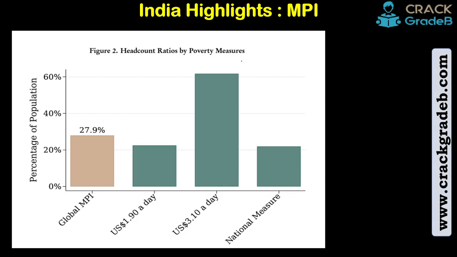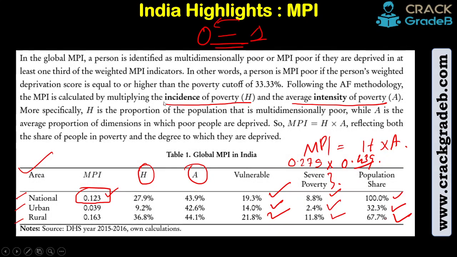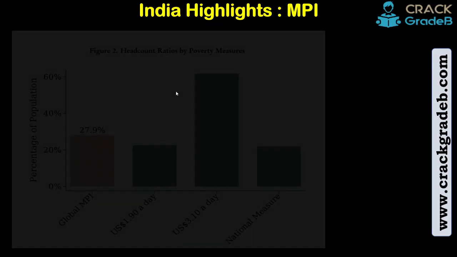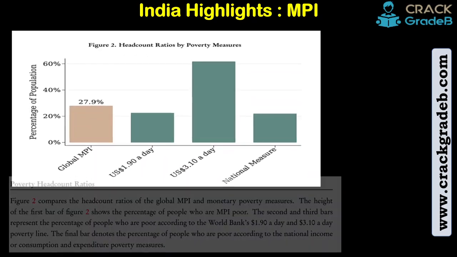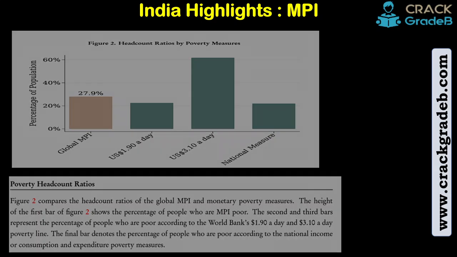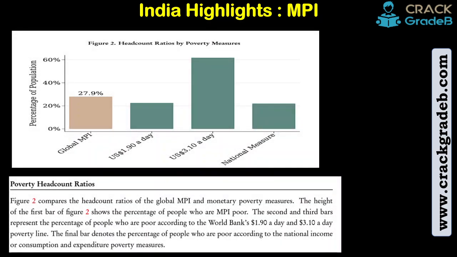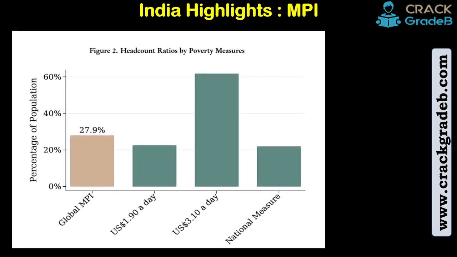Okay, so this slide here we are going to learn about. I think it's the incidence of poverty. Let us check it once again. Headcount ratio by poverty measures.